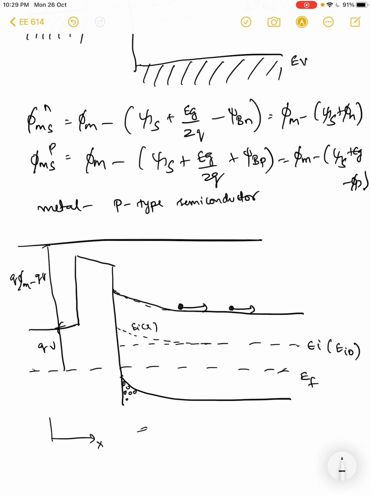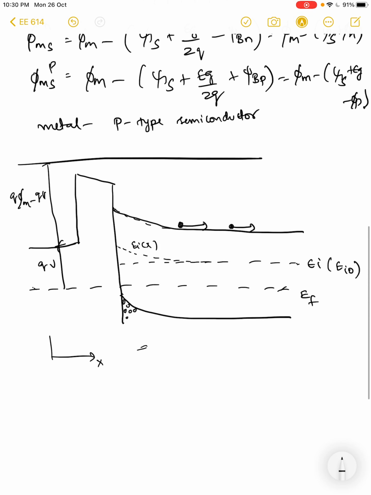And it is this accumulation of holes at the interface that is going to screen the electric field such that the entire metal is not depleted of electrons. I'm just giving you this feel of why this negative potential in the metal is going to attract positive charges at the interface, right? So now that we have positive charges at the interface, let us calculate the effective density of carriers in the semiconductor at any point.